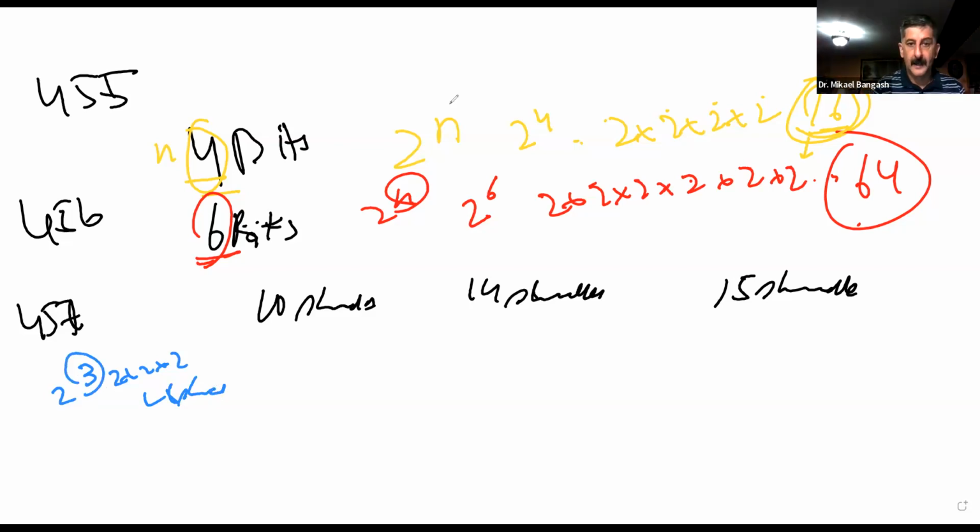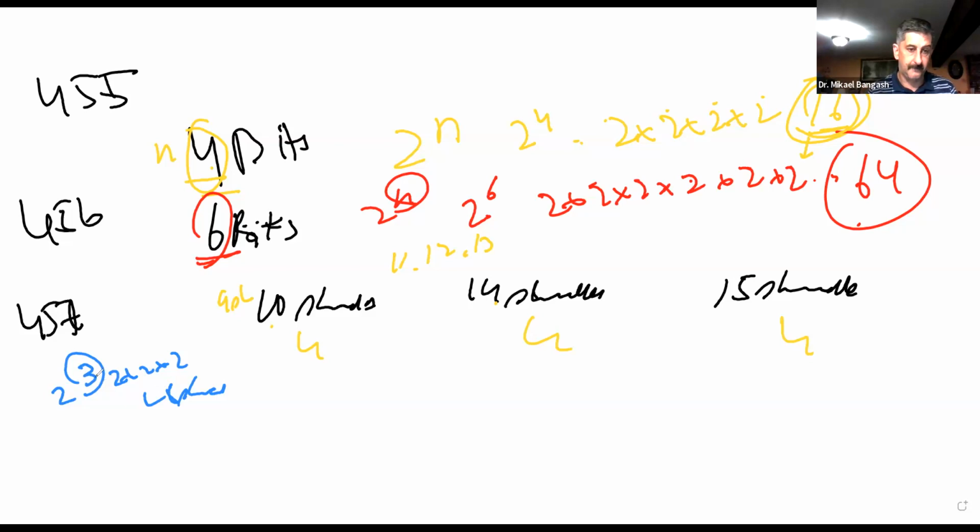But as long as we had 4 bits, that could represent 10 sheets, 14 sheets, 15 sheets. It could even represent 9 sheets, and that would still be 4 bits. 11 sheets, 12 sheets, 13 sheets would still have been 4 bits.